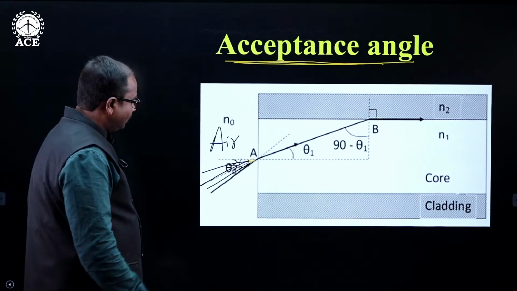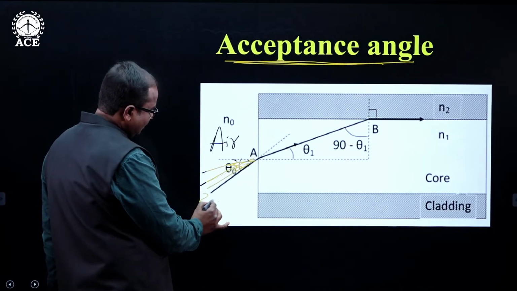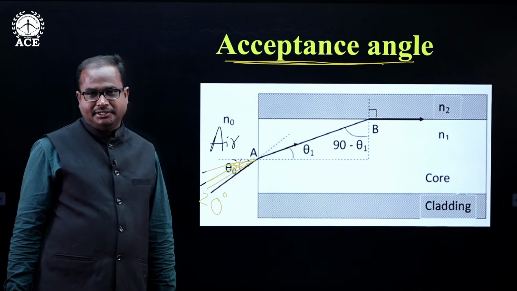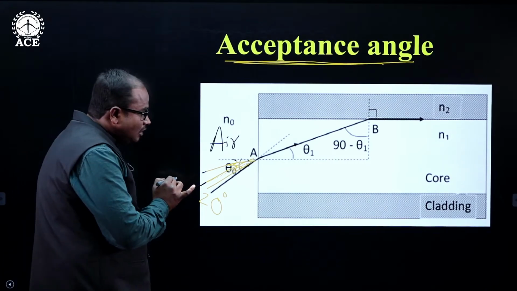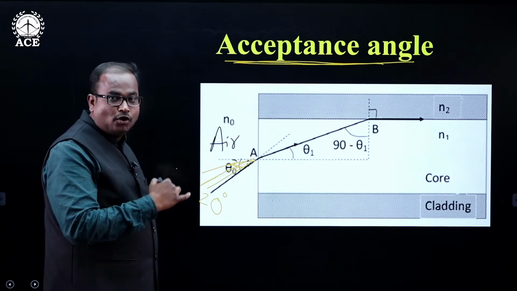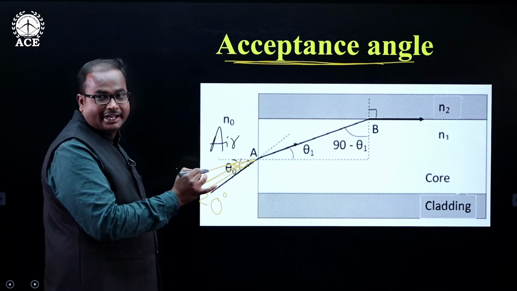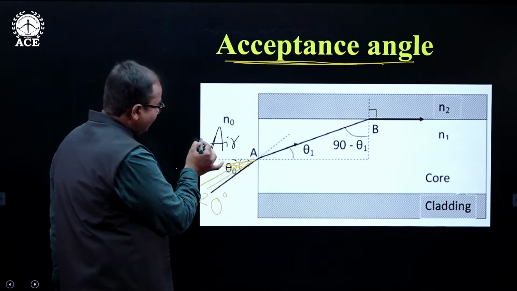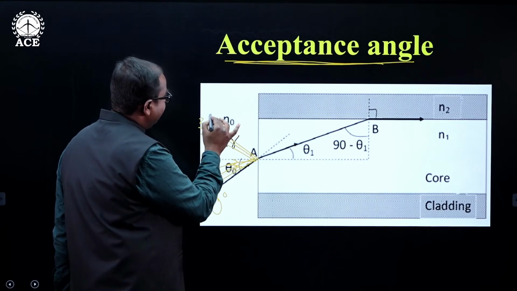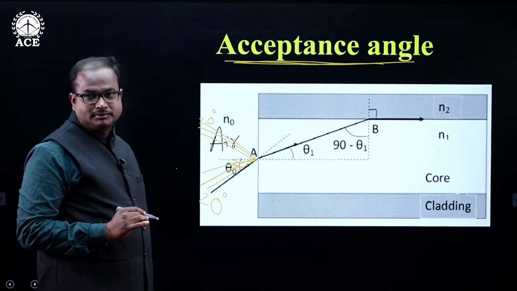Suppose the acceptance angle is some 20 degrees, let it be. If the acceptance angle is 20 degrees, you can launch the light beam at 19 degrees, 18 degrees, 17 degrees, anything below 20 degrees; even in this direction, like this, like this. But the maximum angle is how much? 20 degrees.